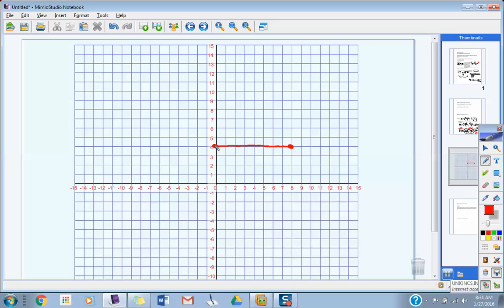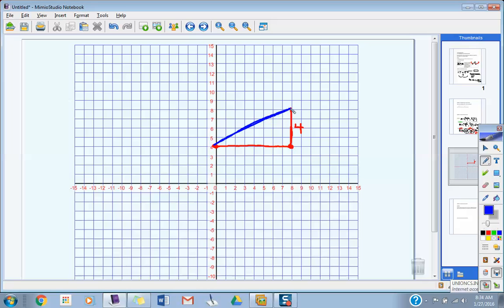How about the length of this line right here? You guys agree that that's a distance of 4? So here comes my big question. I can count that because it's vertical. How about this line segment right here?